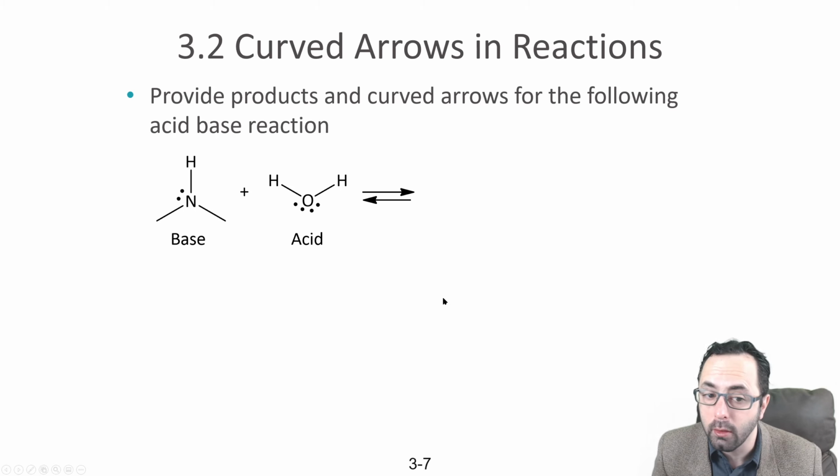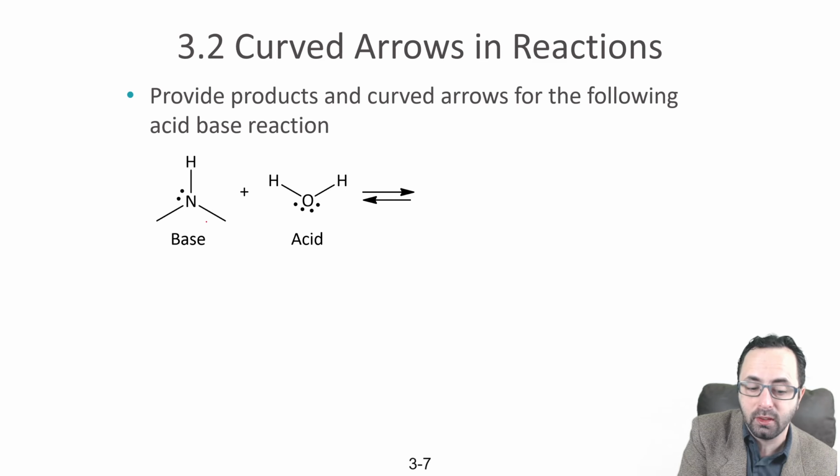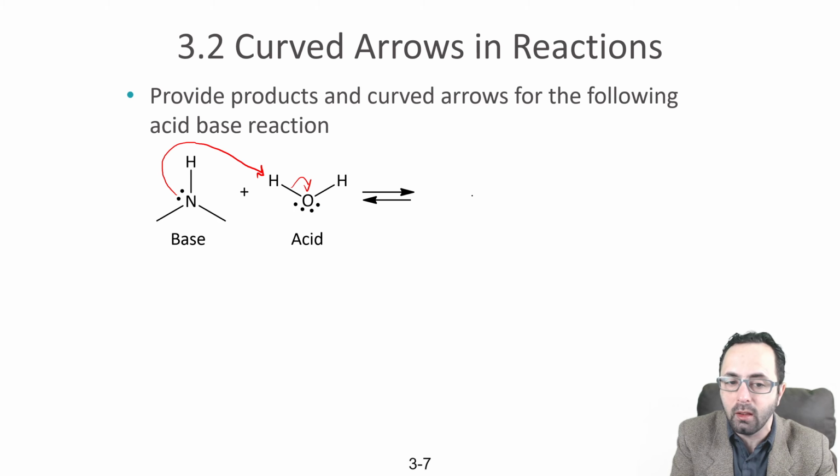So let's do another curved arrow exercise for the acid-base reactions. And I think I did actually this same one earlier when I showed you the example. But this is the base, so it's going to be accepting the H+, so it's going to go over here and grab it, and then this will be left behind. And as we saw in the example before, this nitrogen now has 2 bonds to hydrogen.